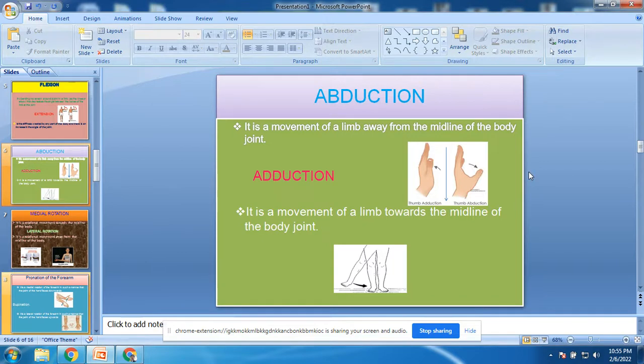Then abductions. It is a movement of a limb away from the midline of the body of the joint. Like this, thumb away from the fingers, phalanges. Adductions. It is a movement of the limb toward the midline of the body, like toes or thumb near to fingers.